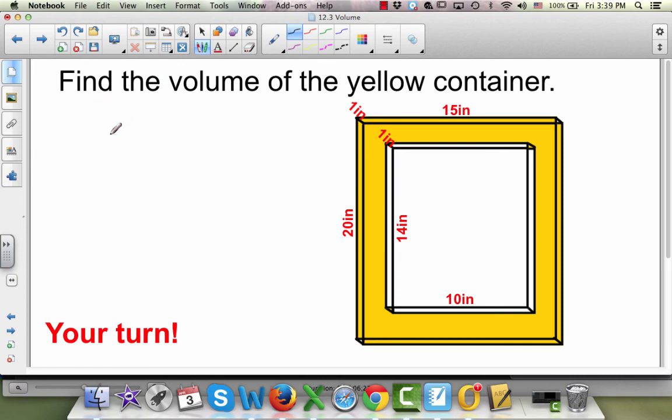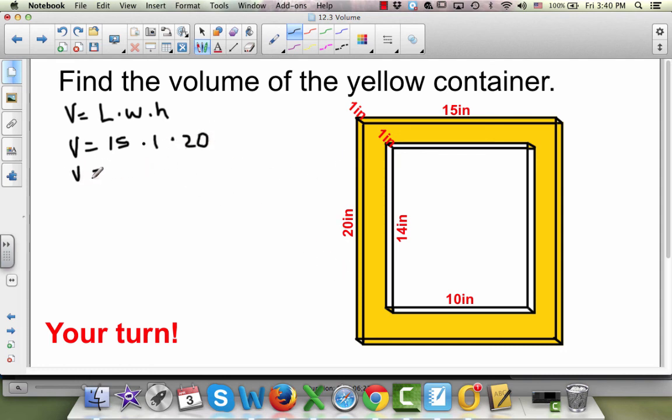Alright, so the top part is going to be length times width times height. Volume equals length times width times height. So that will be volume equals 15 times 1 right here times 20.